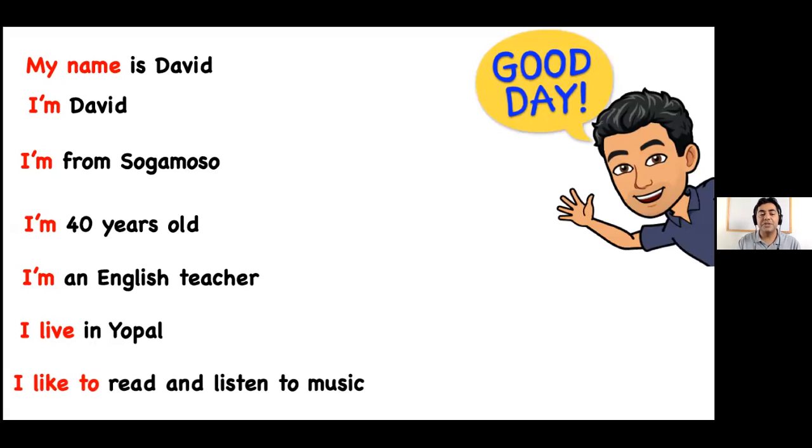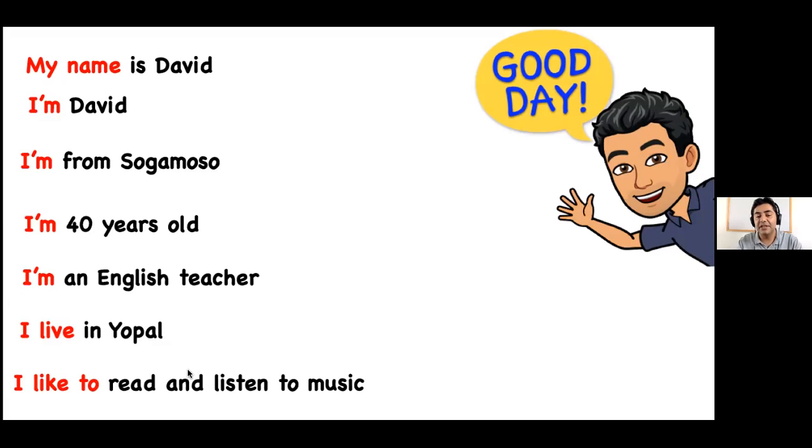The next way to introduce yourself is to talk about what you like to do. See, for example, I like to read and listen to music. I love reading and listening to music. So right here, I'm using the verb like plus the infinitive, to read.